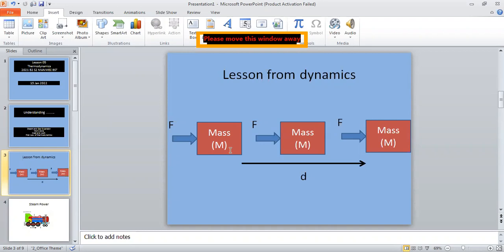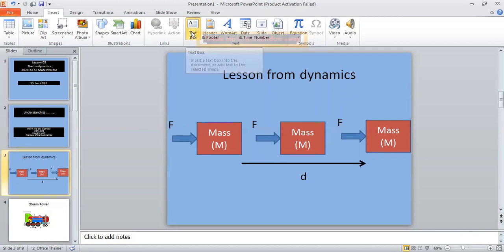F is the resultant force on the mass, continuously putting this force on the mass. So don't you feel that because of F, the mass received something? Because it's applied on the mass M, the mass received something, and as a result, it moved.